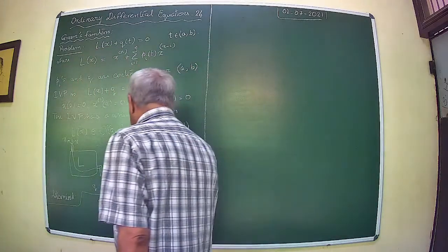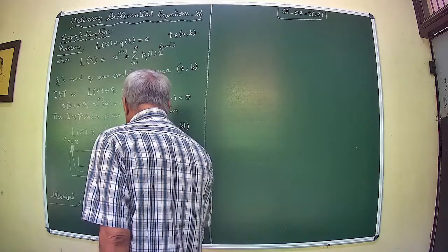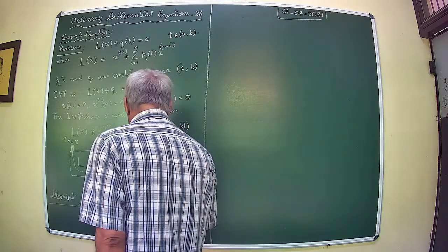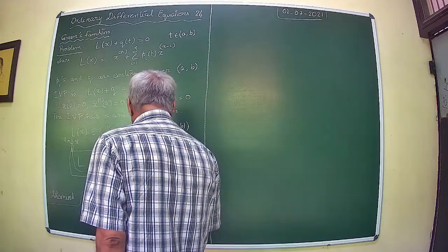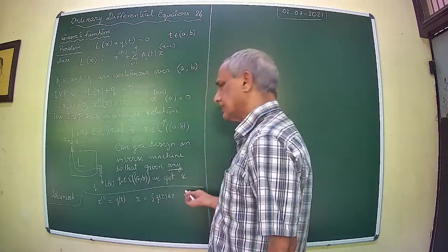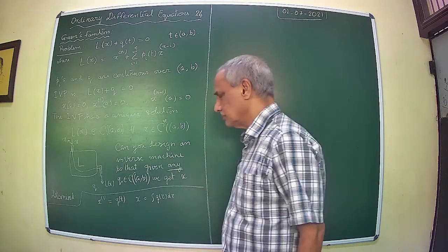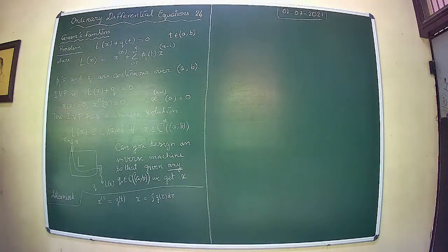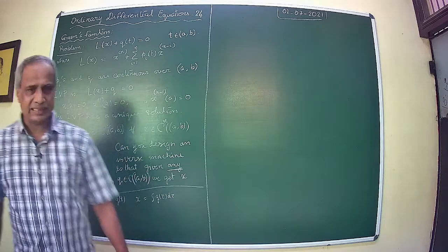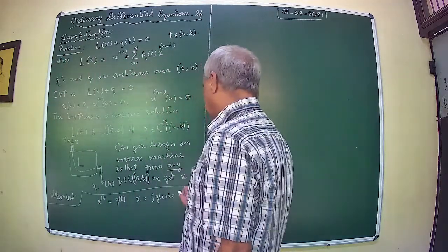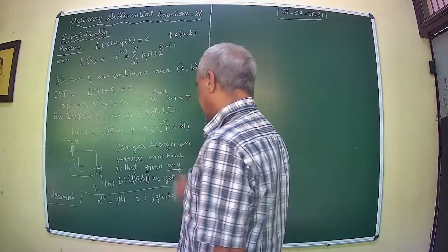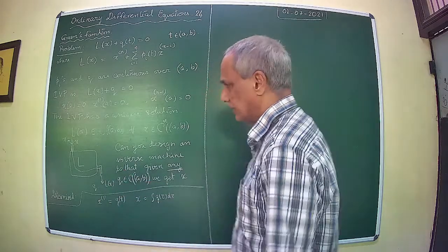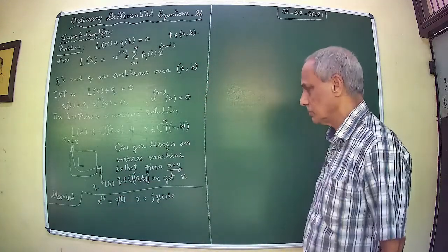You get x as an integral plus a constant and so on. There is some kind of arbitrariness associated with it. Maybe a constant also, because whatever constant you add, you keep getting the same thing. Okay.